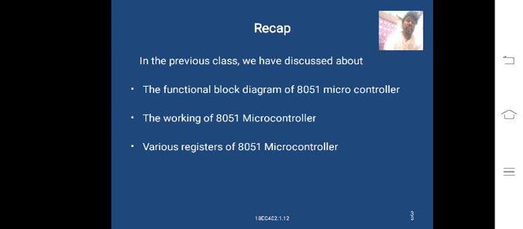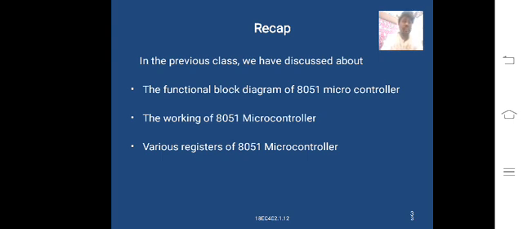We have four banks of registers, and these four banks are selected by the RS0 and RS1 bits of the program status word in the microcontroller. This is related to the program status word.